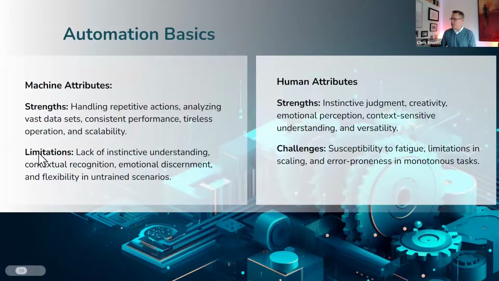If we think about machines versus people, we each have our respective strengths and weaknesses. Machines are great at repetitive stuff, handling big, gigantic data sets that are too big for us to manage with our brains.